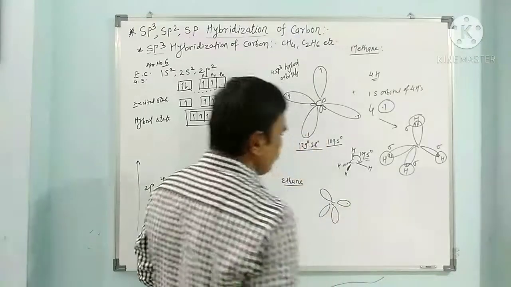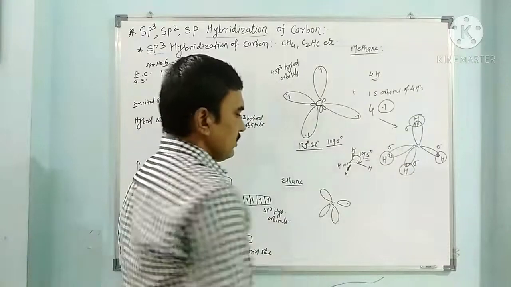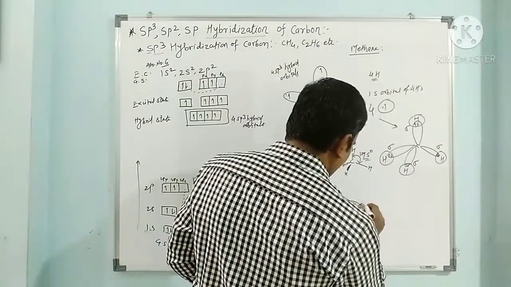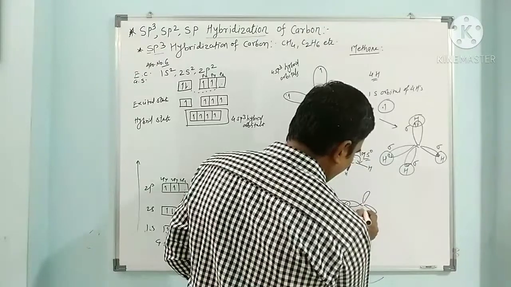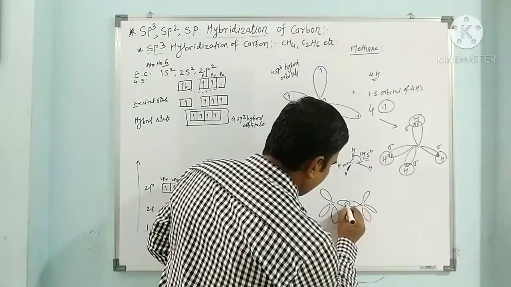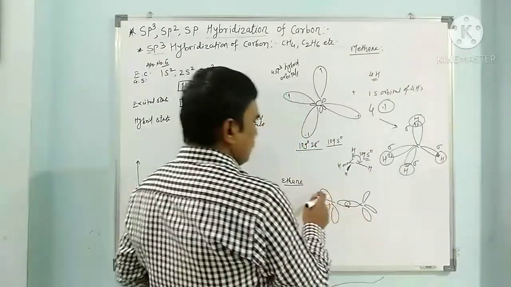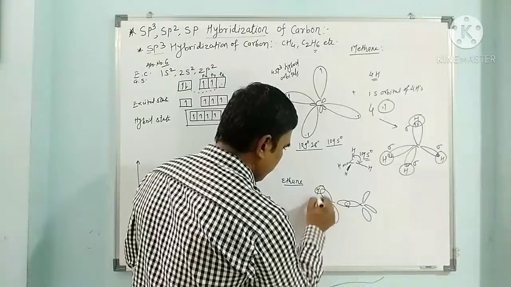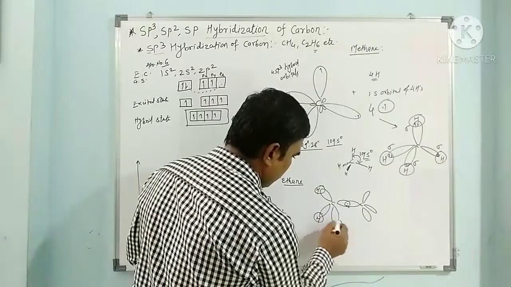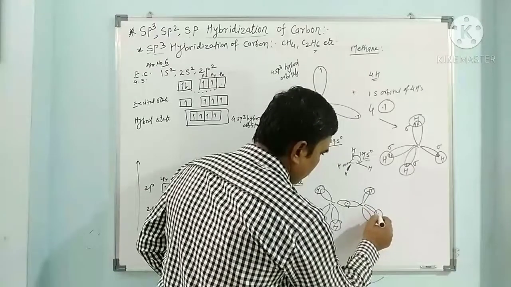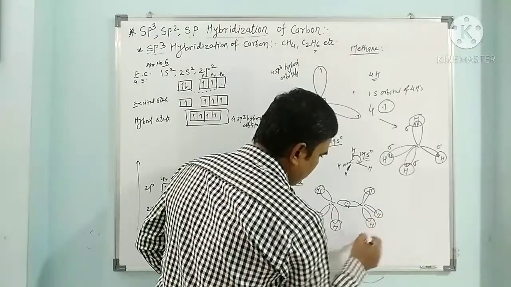This is 1 electron from one carbon overlapping with the other carbon's sp3 hybrid orbital. This is one electron from the other carbon, and these are the 6 hydrogens: 1, 2, 3, 4, 5 and 6.